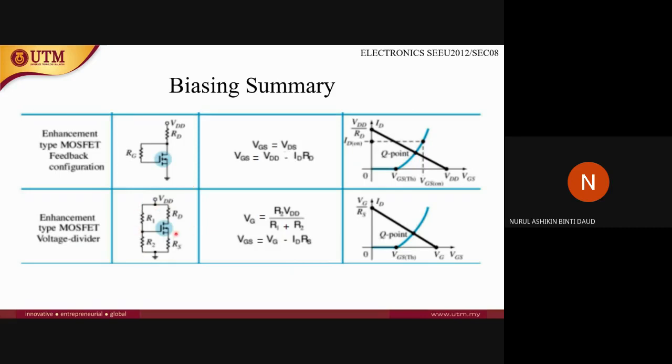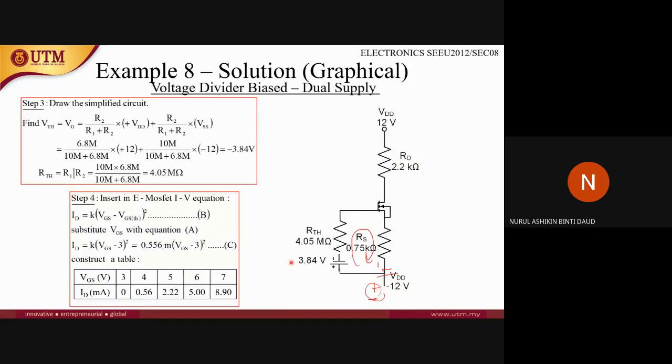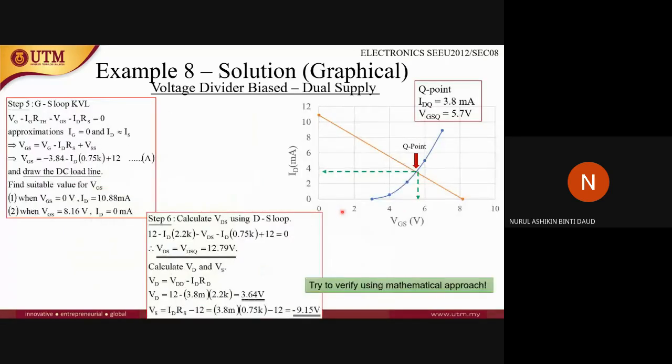So practice with Thevenin theorem, and then find with this GS loop, and then VDS loop, and then with this transfer curves and the DC load line. This can be drawn using Excel. If online, you can draw using Excel as well for this one. If graphical, then graphical.